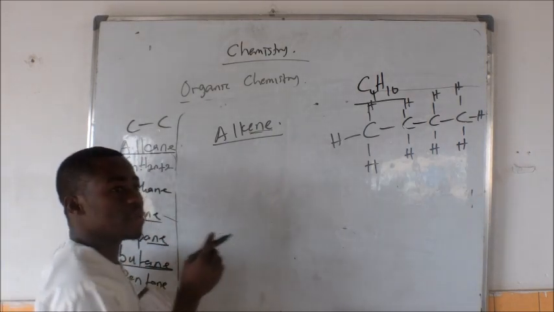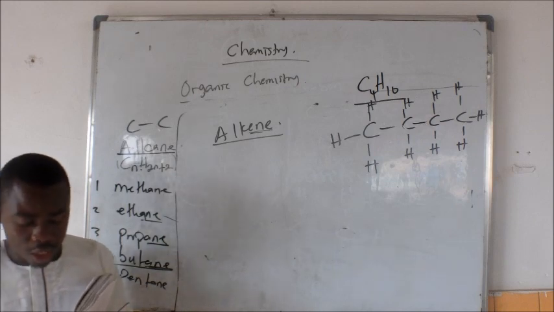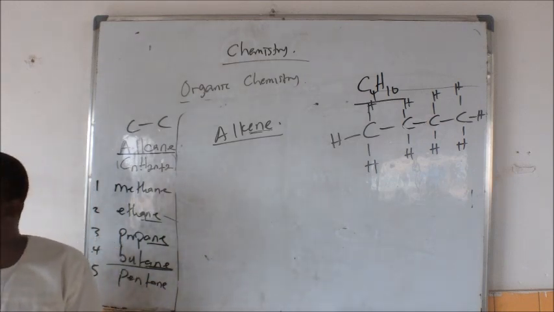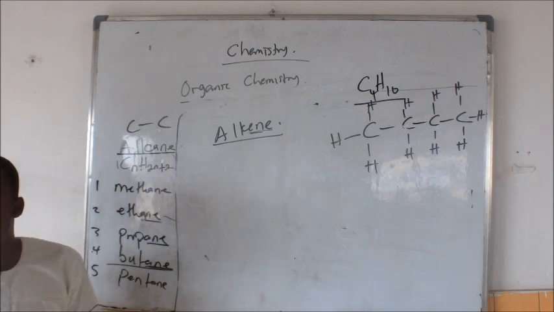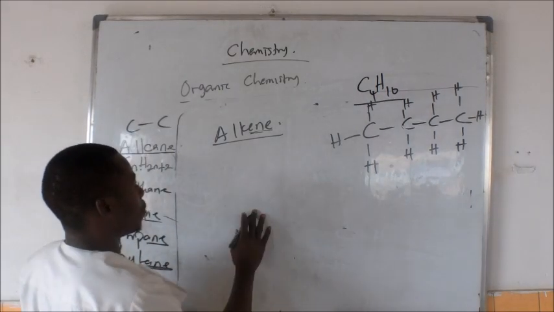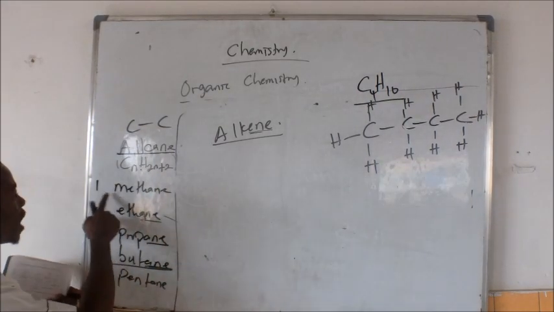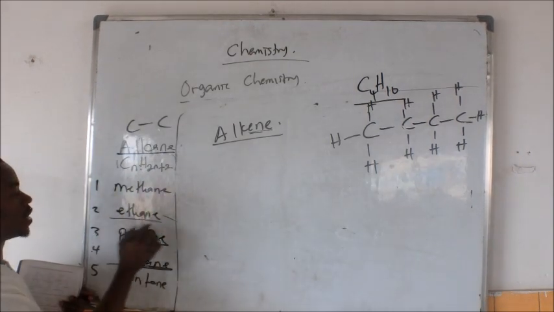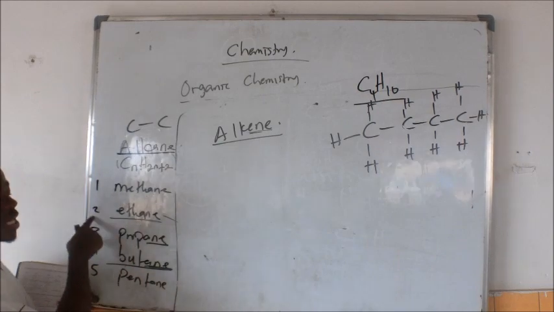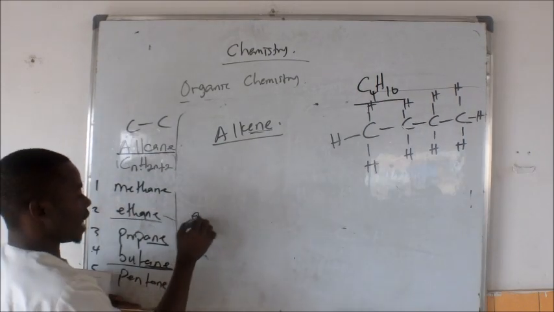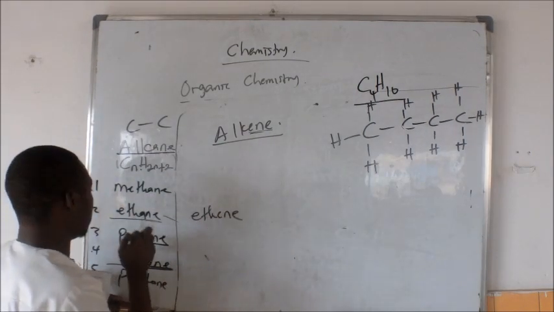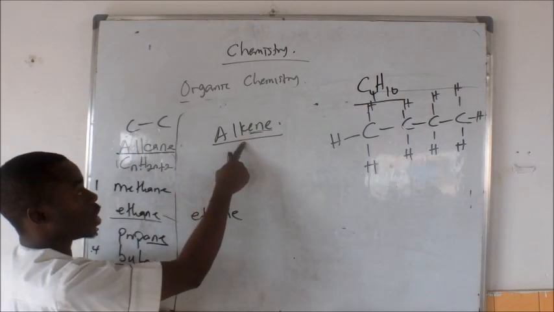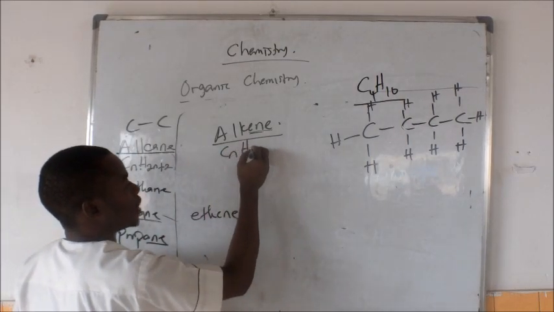That means between carbon to carbon atom, you must have 2 bonds. So the first member under alkene is ethene, starting from n equal to 2. Meaning that n is equal to 2 in this formula.